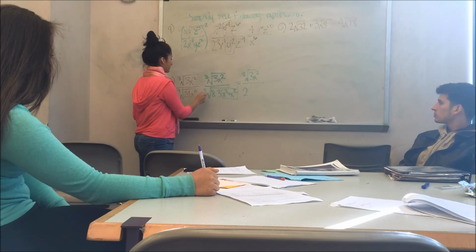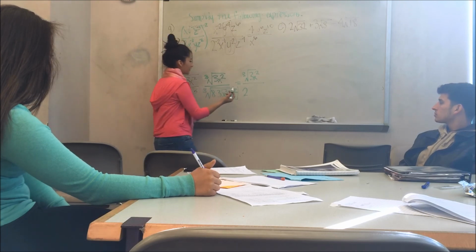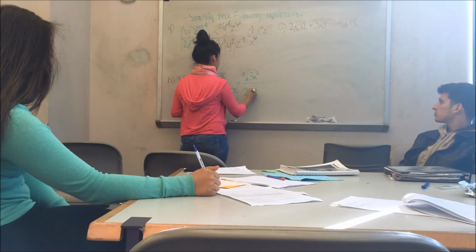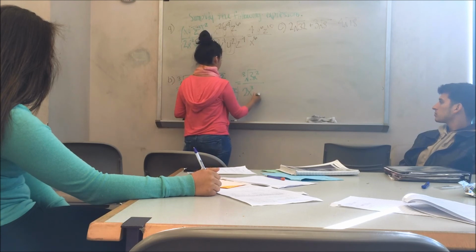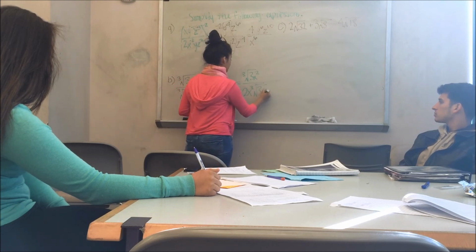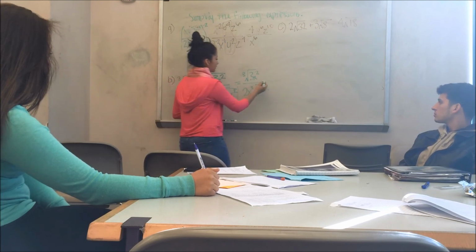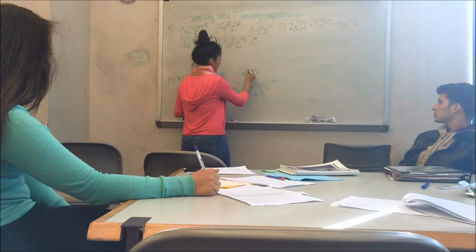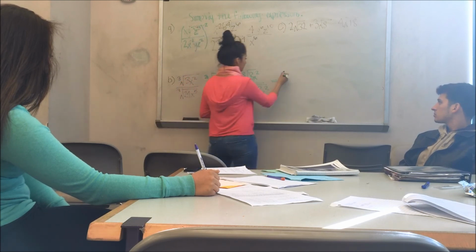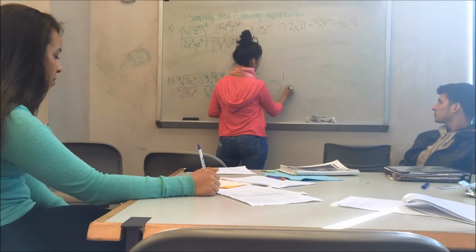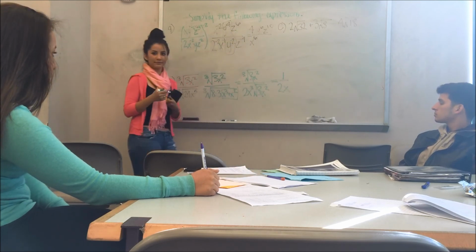When we have 3, we want to take 3 out of there. So then it would equal 2x cubed, and we leave inside the 3x squared. Take out the x, okay, and so then this cancels out, since it is the same, and it would be equal to 1 over 2x, and that would be your final answer.